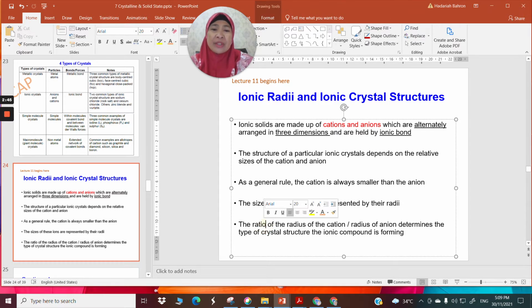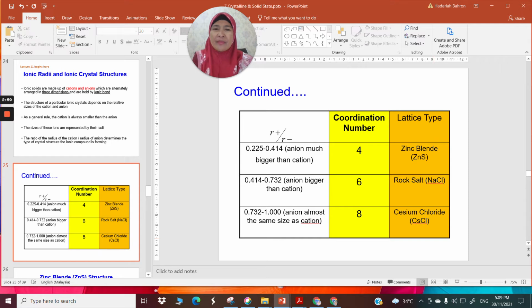The ratio of the radius of the cation divided by the radius of the anion will determine the type of crystal structure of the ionic compound that you will get. So how is that done?